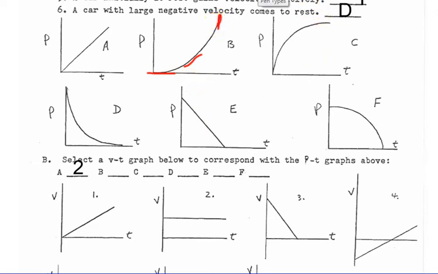So of course that is going to look like this one here. Initially 0 velocity, 0 slope, 0 velocity, small positive slope, small positive velocity, large positive slope, large positive velocity there. So that's a tricky one. That one deals with VT graph 2.